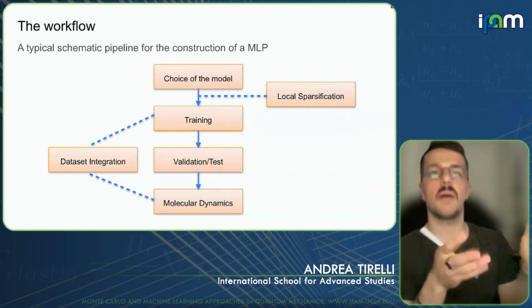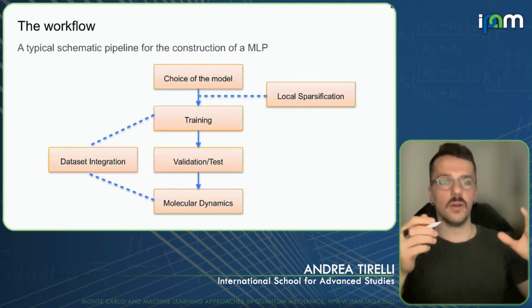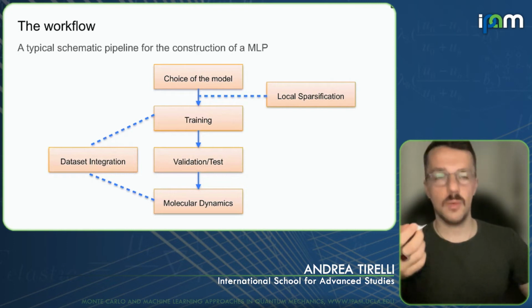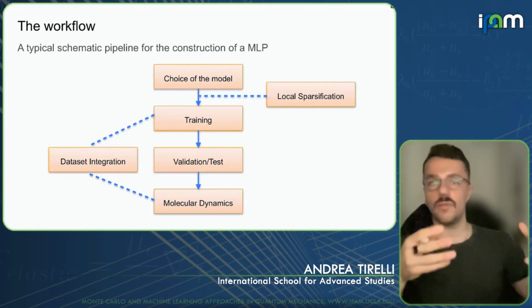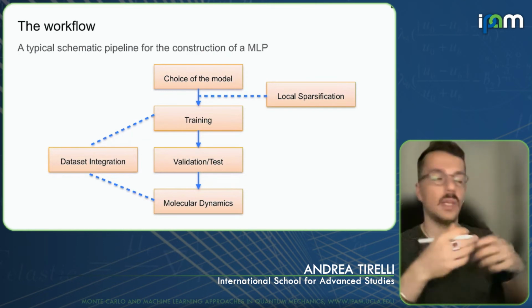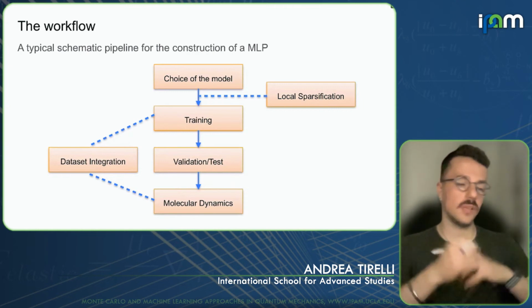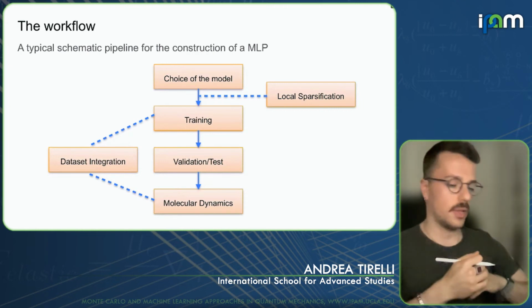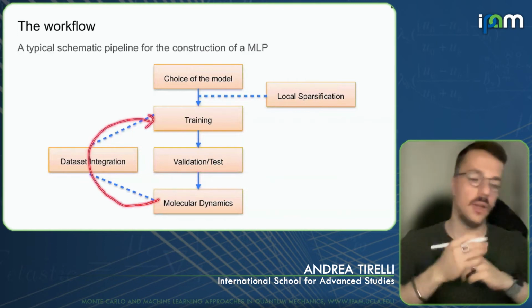But the idea is that we dump these configurations, and these configurations are going to be a part of the new training set that we have, because basically we know that these are unseen configurations and that our model might not perform very well on those configurations, and so we want to integrate such training set. And so we somehow perform a loop here.